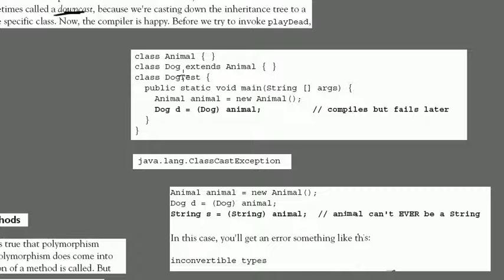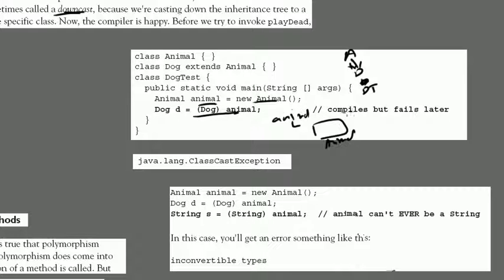Now, in this case, as you can see, dog extends animal, and there's a dog test, which is not part of the hierarchy. What you're trying to do is, you have an animal pointing to an animal object, and you try to downcast it.